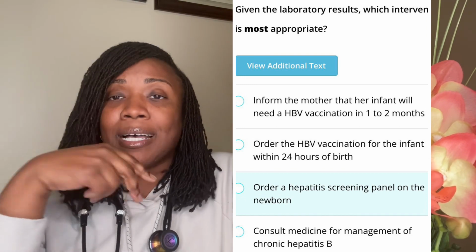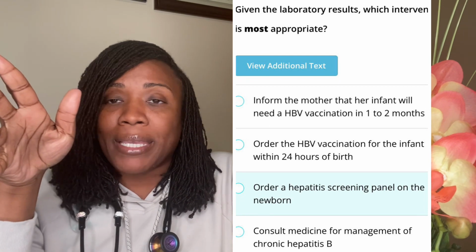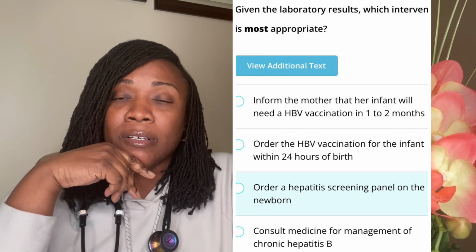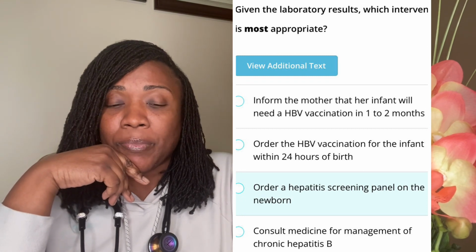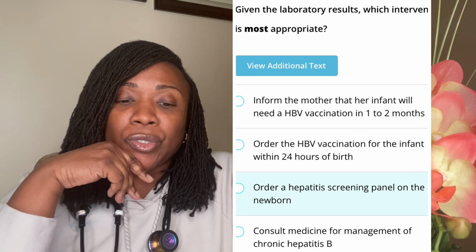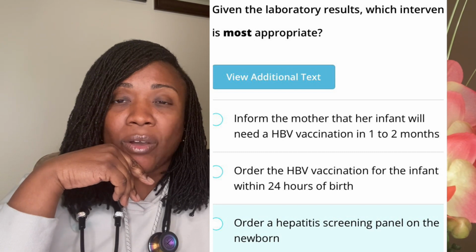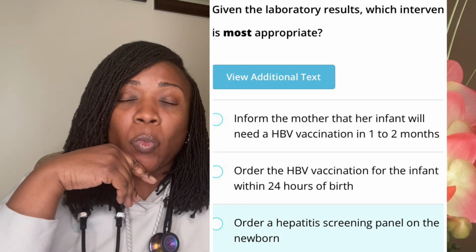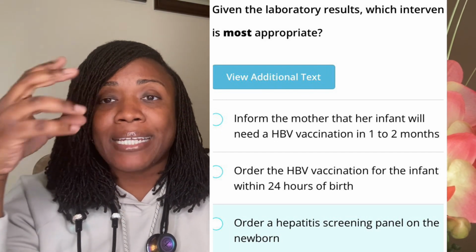So 2 of these options don't make any sense, right? If it looks like someone just had a baby, do I need to do a hepatitis screening on a newborn baby who just came out of the womb?